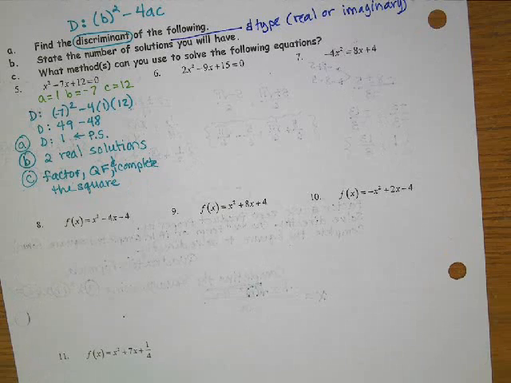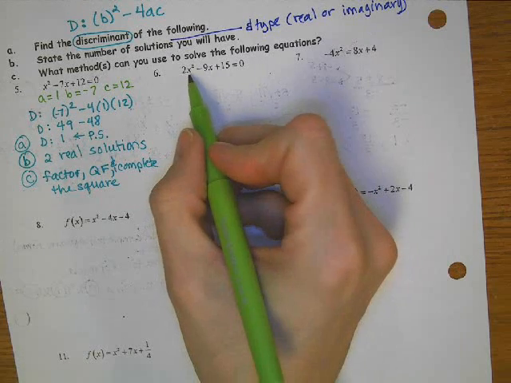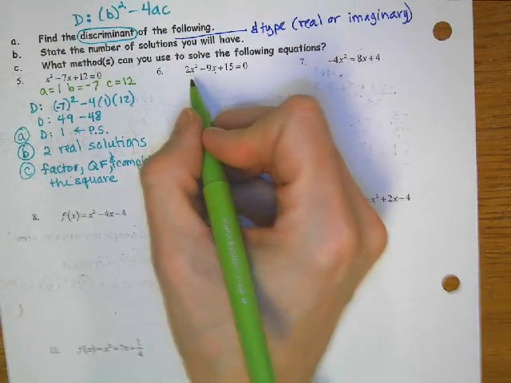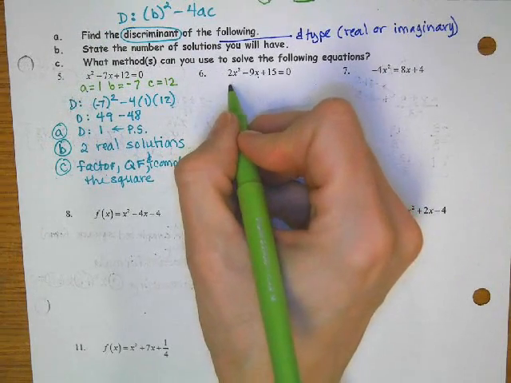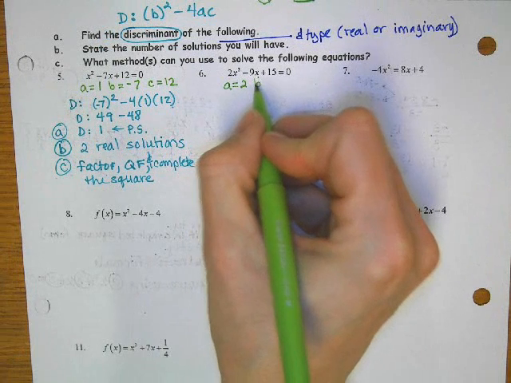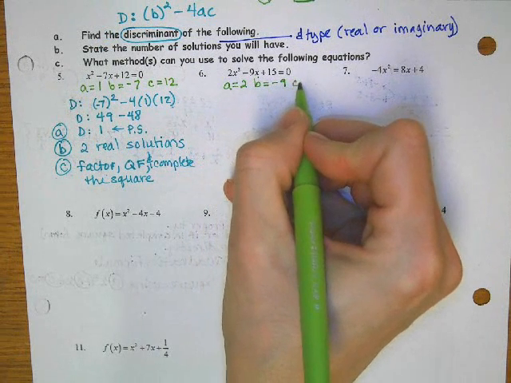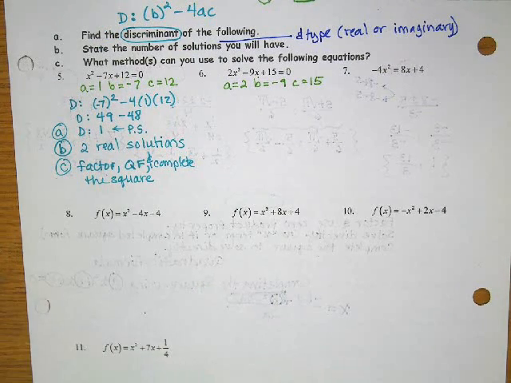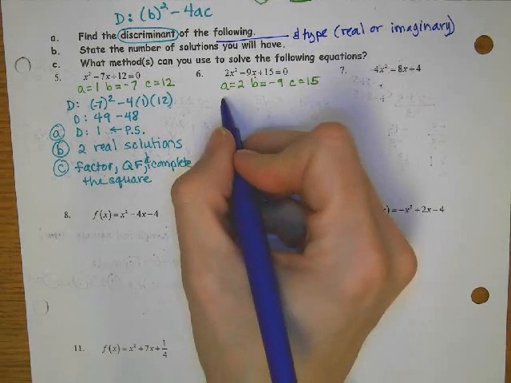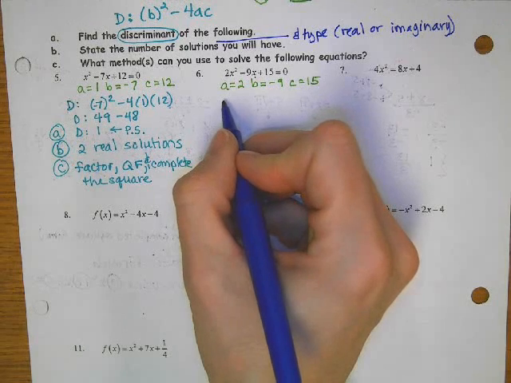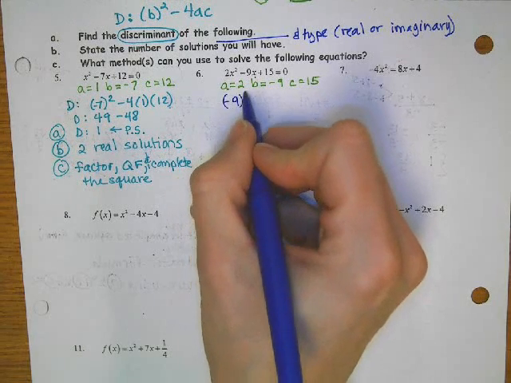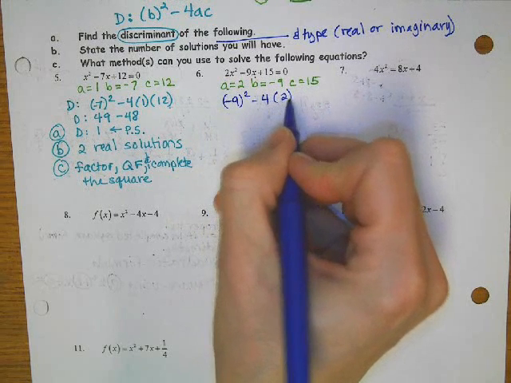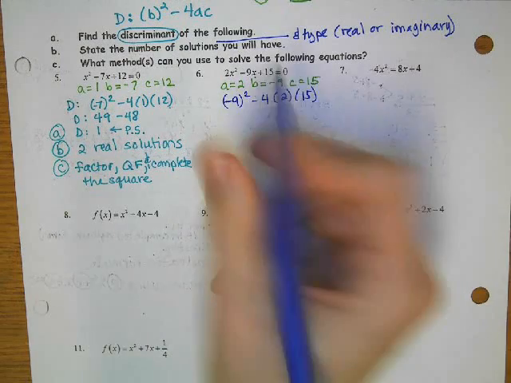So number 6. Number 6, our a, b, and c. First of all, it is in the correct form, ax squared plus bx plus constant equal to 0. So a has a value of 2, b is -9, c is 15, and then we can plug that right in. So we have -9 squared minus 4 times a times c.